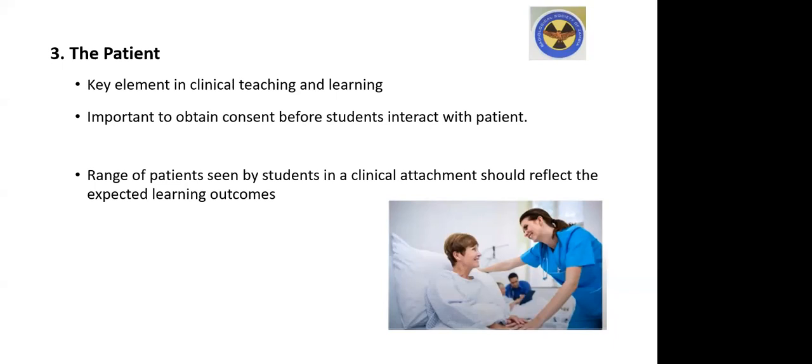It's not every patient, otherwise you're going to confuse your students. If one minute they see chest, in the next minute they see CT, the next minute they're in ultrasound, they'll be confused. So let's look at the expected learning outcomes of that day, or that month, or those 3 months, and choose patients according to the learning outcomes.